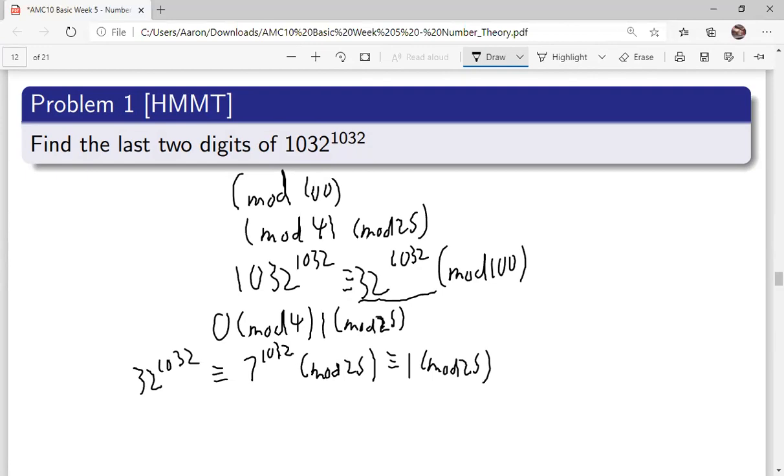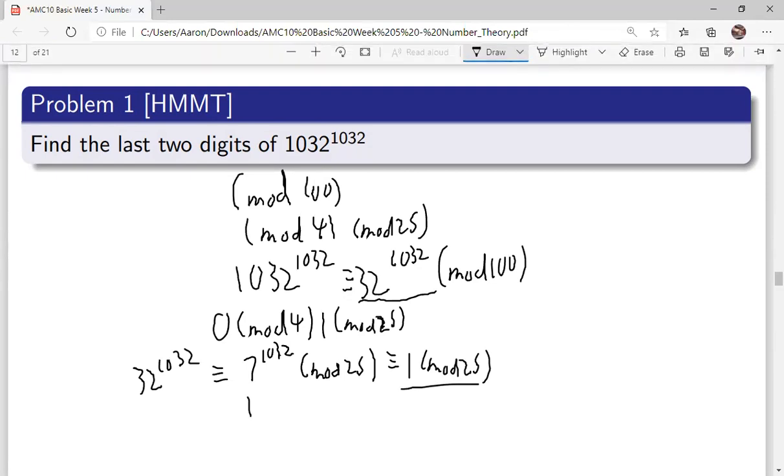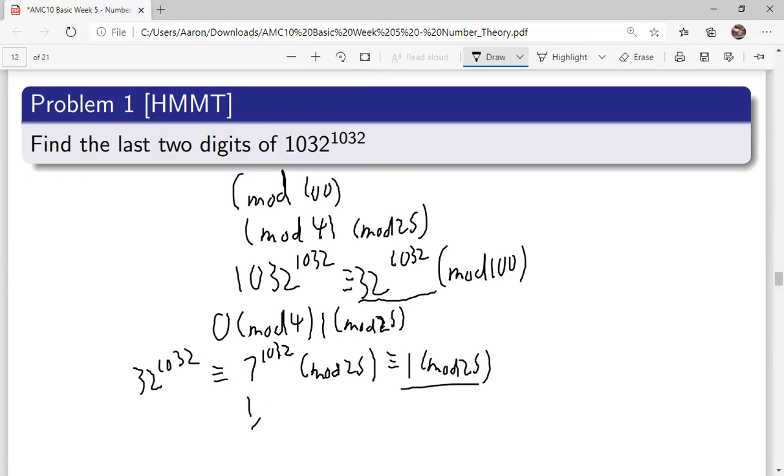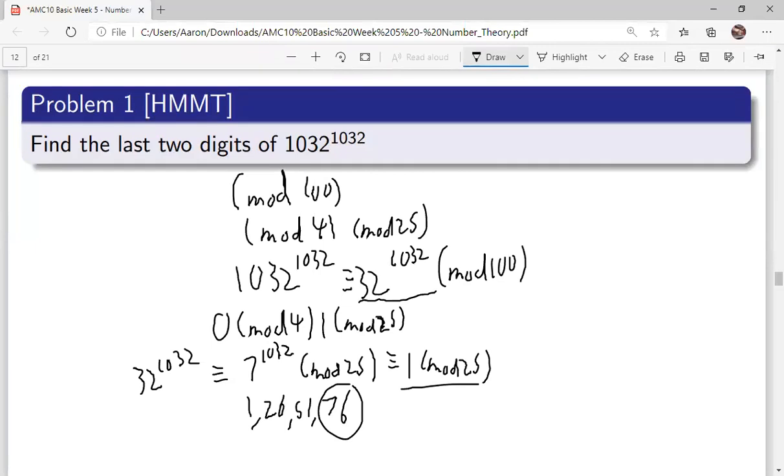So you can list out the numbers that are 1 mod 25 that are less than 100, and in increasing order, they are 1, 26, 51, and 76. And the only one that's divisible by 4 is 76. So the answer is 76 mod 100. And so the last two digits of 1032 to the 1032 is 76.